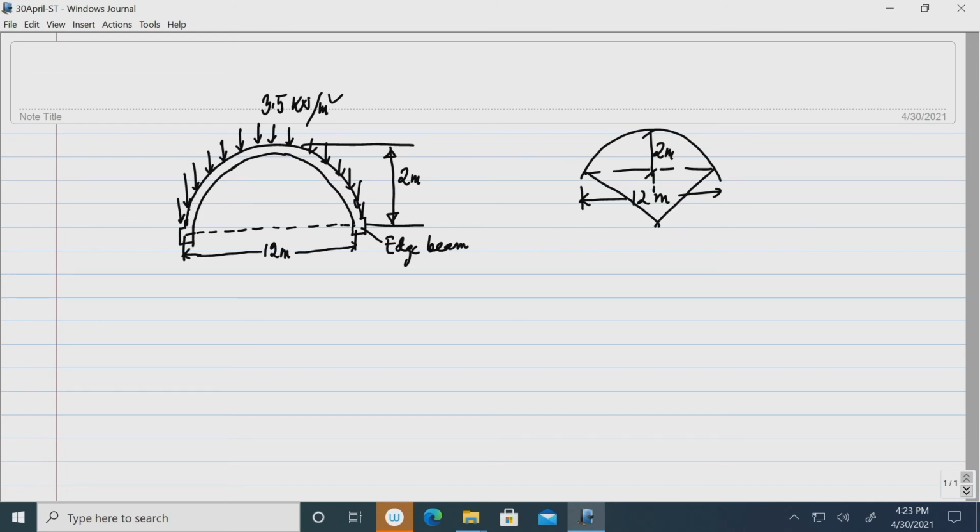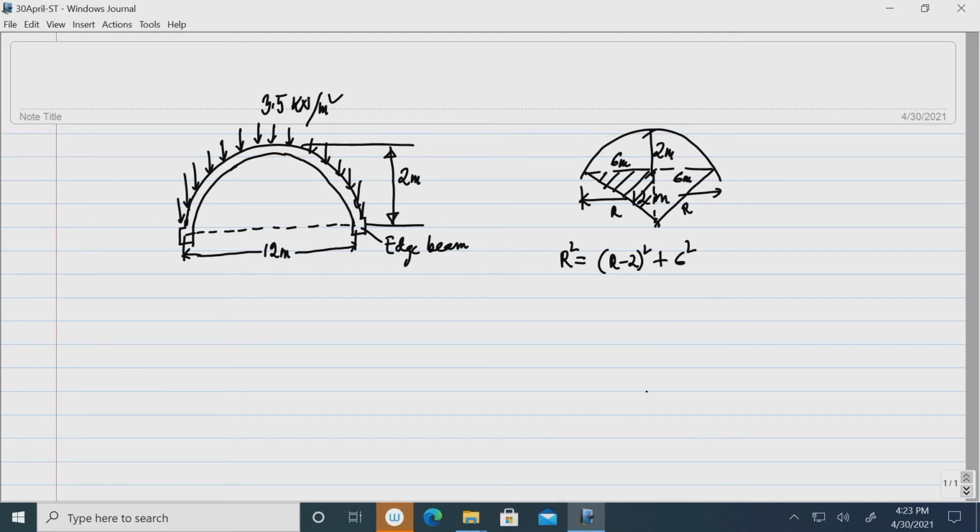We have to find this radius. Say this is the radius r. Now, we can see here that if I consider this triangle, then r square equal to (r minus 2) whole square plus this distance is 6 meter, this is also 6 meter, 6 square.